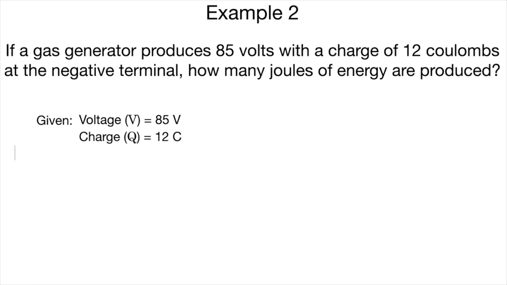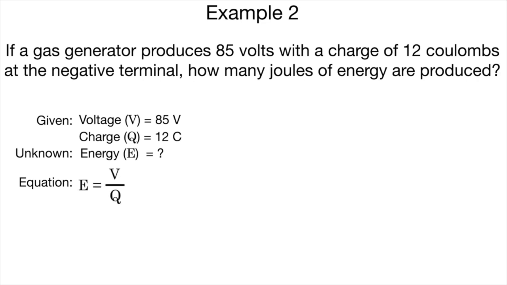So then our unknown would be the energy E. Using the equation, we know that E equals V over Q. So we substitute this in, and we get E equals 85 volts over 12 coulombs.